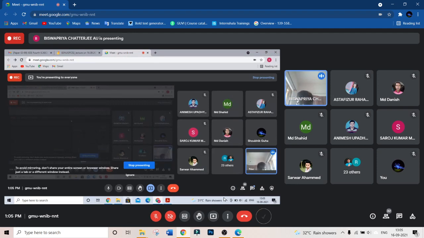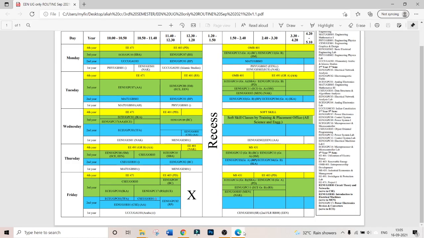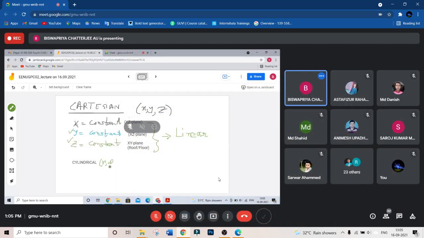And now you quickly tell me, in case of the cylindrical system, the variables were r, phi, z. Now when r is constant, what will happen?